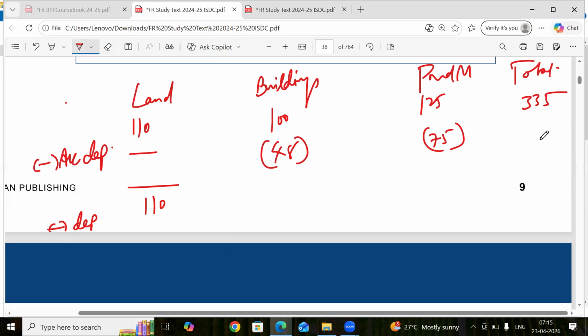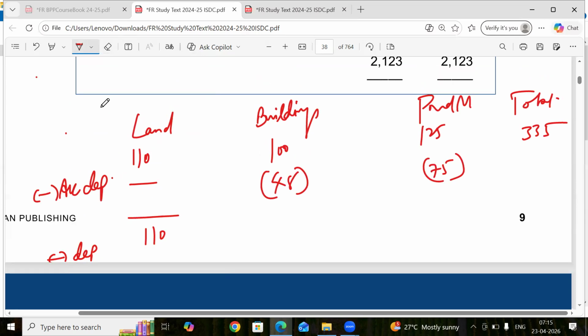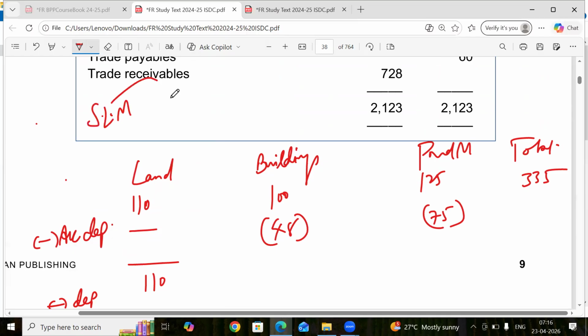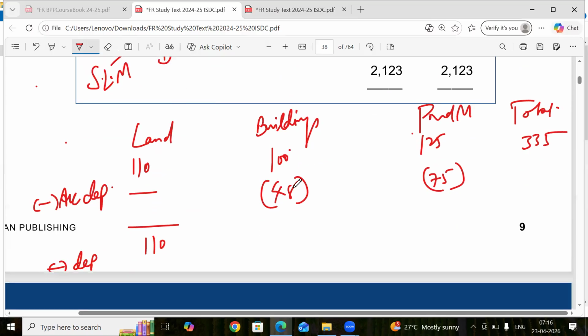This is the straight line method, not diminishing balance. For the straight line method, the asset value never changes. It is the same every year. On that, you have to apply the straight line depreciation rate. In the diminishing balance method, whatever depreciation you have calculated till now, you have to subtract, and after subtracting, on the carrying amount you get, you calculate the depreciation.